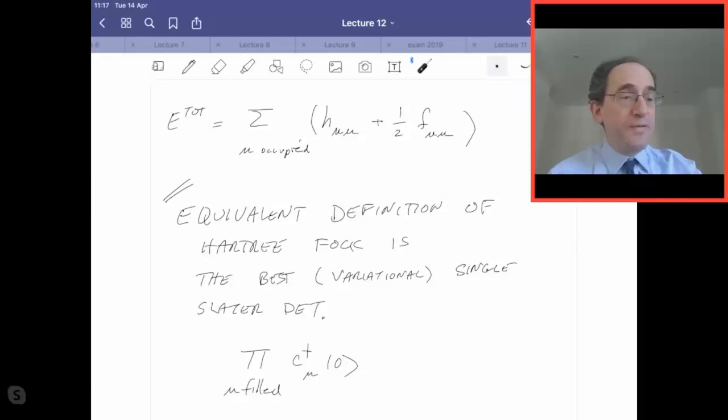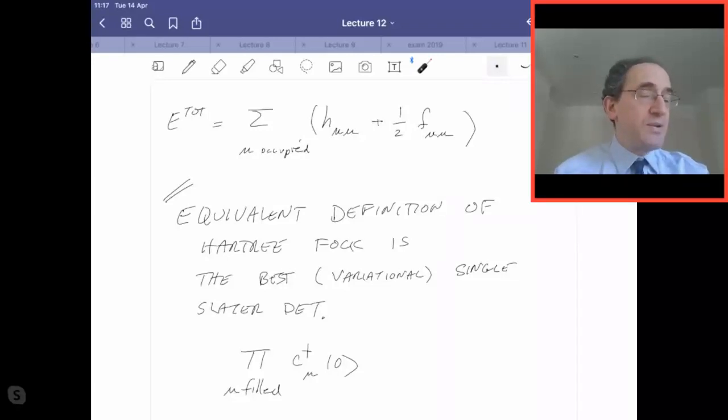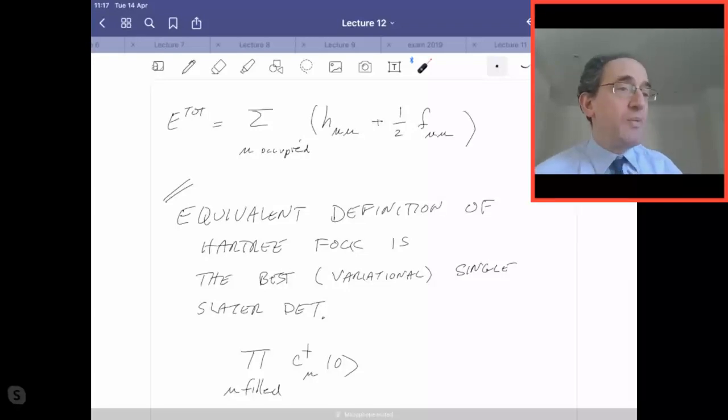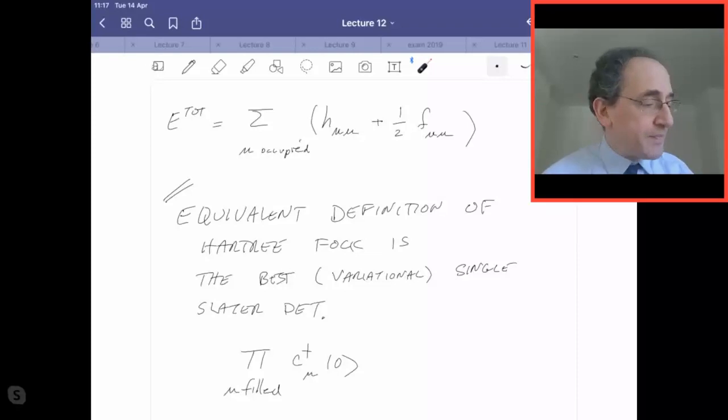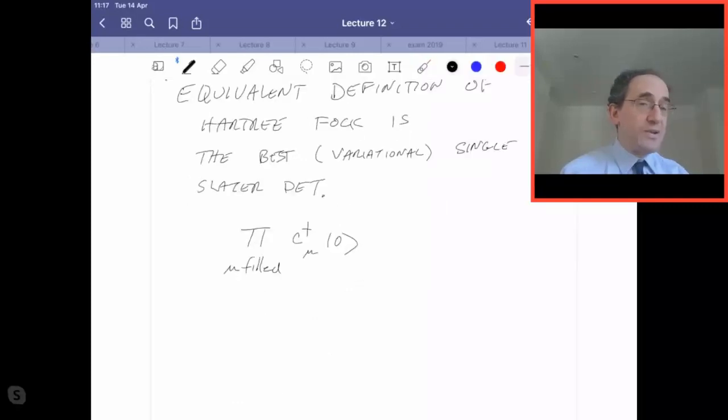Now, the proof that this is equivalent to the self-consistent calculation we just did is a bit subtle and maybe even a bit complicated, but it's worth going through because you want to learn something by doing it. So let's do it.